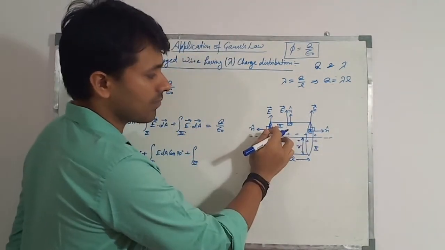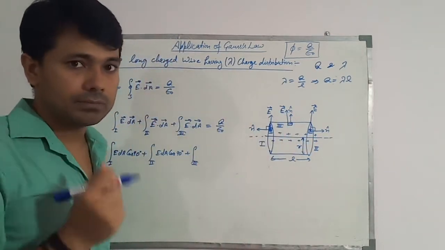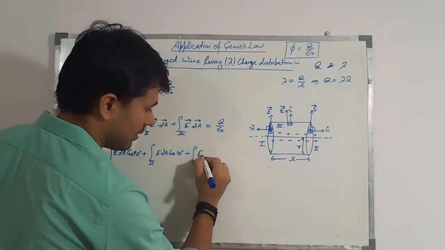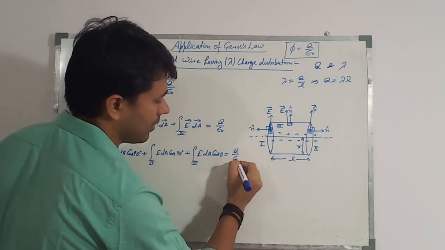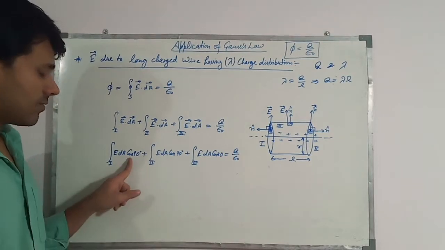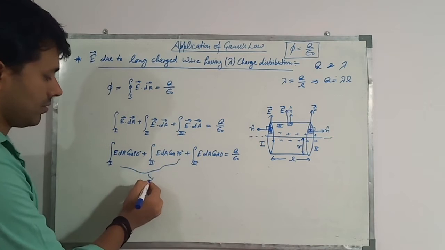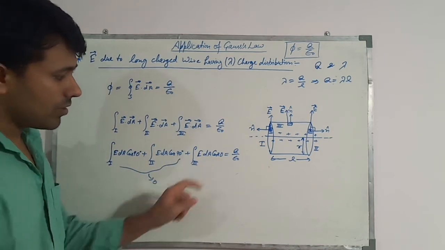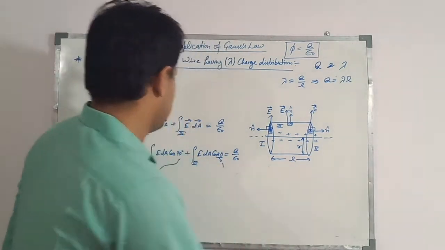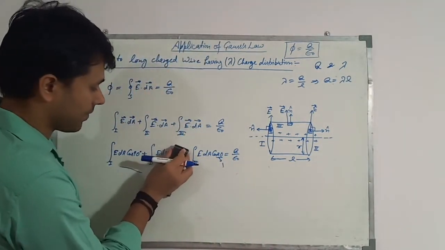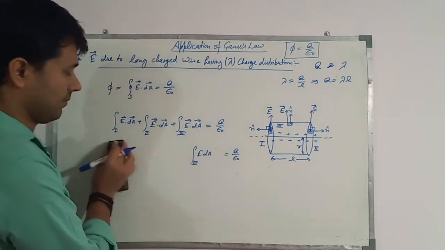Now for the third surface, the angle between the area vector and E is 0 degrees, so E dA cos 0 is equal to Q upon epsilon naught. The cos 90 terms become 0, and cos 0 is 1, so we can remove those terms and write it like this.